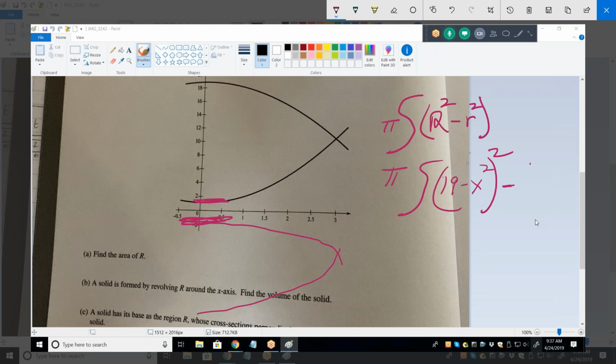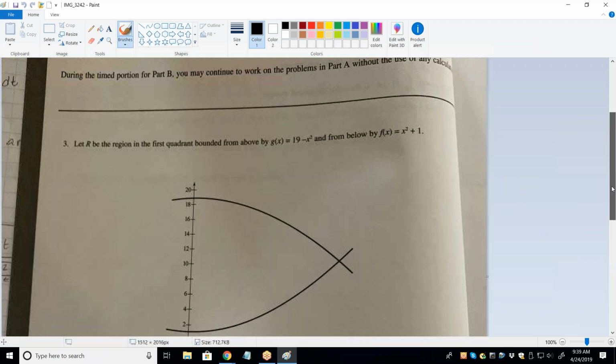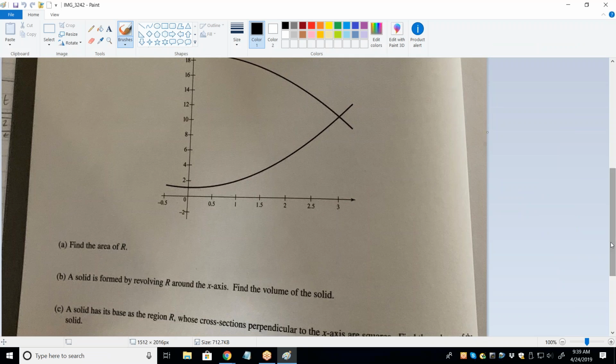But little r would be the function, x squared plus 1, because there's a little hole between the x-axis and the function. Let me look at what the function is. So this is x squared plus 1.